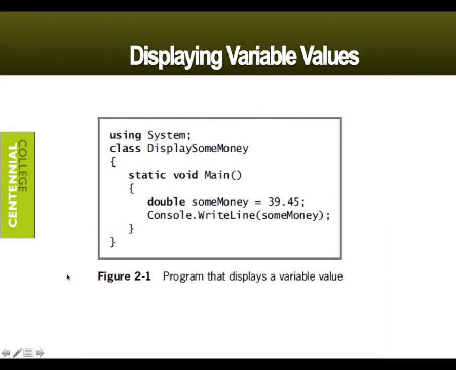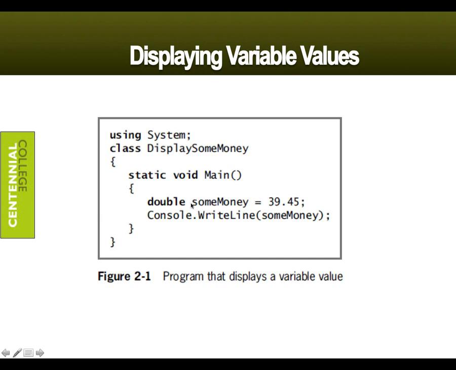So this is where we declare it, and this is how it would look, right? Here in this particular example, we have a variable name, a friendly name for a memory location, that we call someMoney. And if you notice, our variable naming convention is like this.